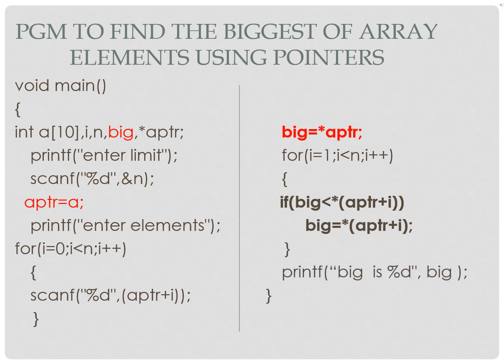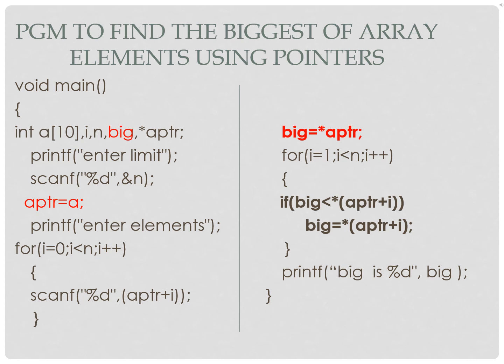Next program is to find the biggest element of n elements in an array using pointers. We have done finding the biggest element without pointers. So first you read all the array elements, then the first element is assigned to big. Then you compare each and every element. So we'll see how it is done. You have A of 10, you have star APTR pointing to the array, and you have another variable big.